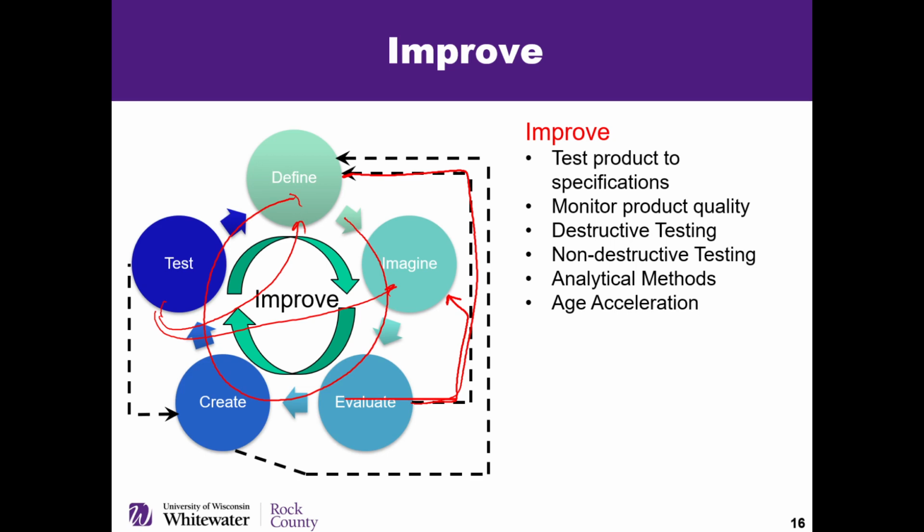They put it through high temperature, low temperatures, high humidity, low humidity, and actually can age the product very well and get some good estimates that way. And then we won't be talking about root cause analysis, but that's another tool we can use to improve our product each time.